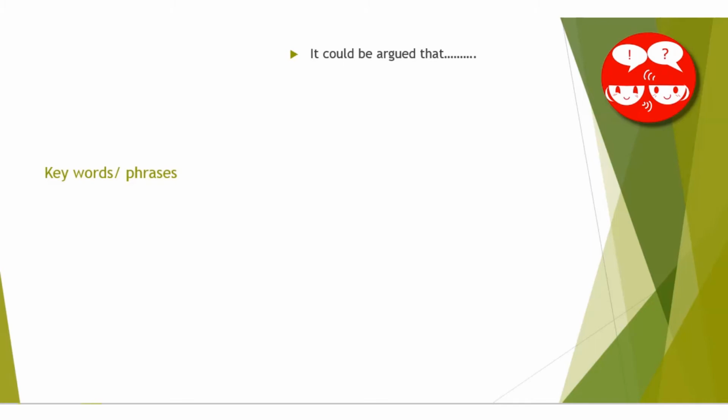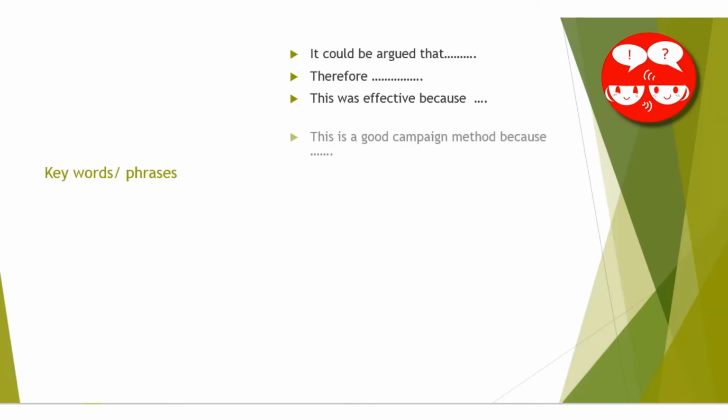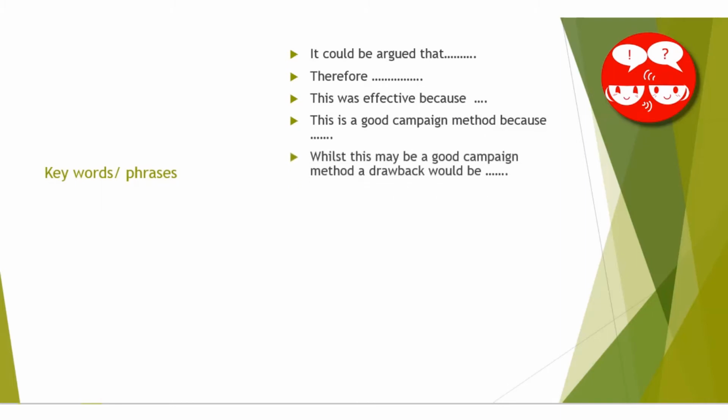It's a fairly straightforward way of bringing in an analytical point. Other ways, therefore, "this was effective because," "this is a good campaign method because," "whilst this might be a good campaign method, a drawback would be," so looking at the negative effect.